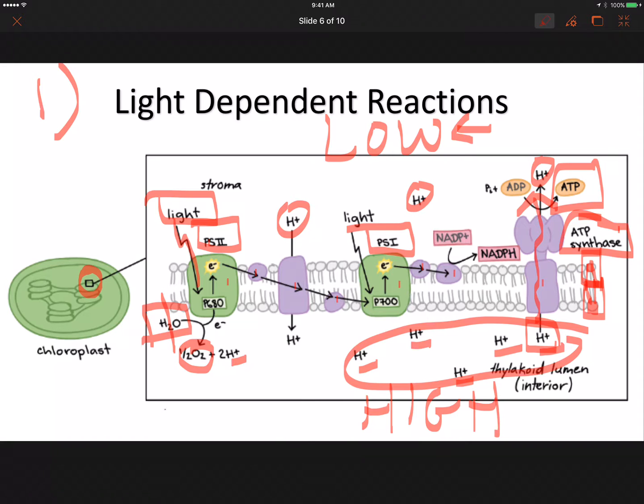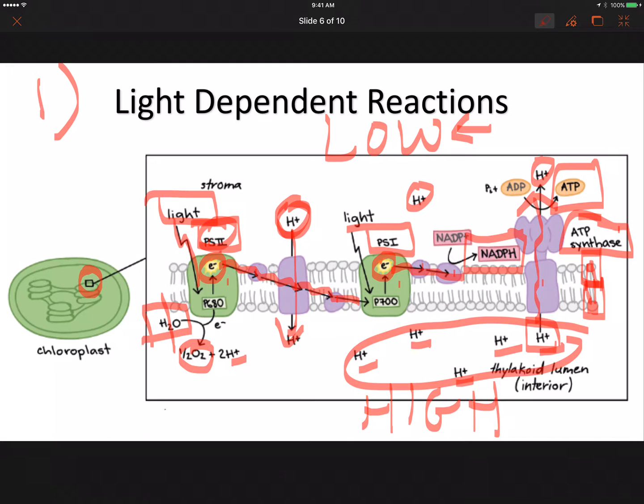You could also see that there's a lot of arrows going on here. This is a pretty complicated process, but what I want you to understand is that when this light comes into photosystem 2, it excites some electrons, and these electrons end up going down an electron transport chain. That chain helps drive ions to the inside, but it also produces something called NADPH.